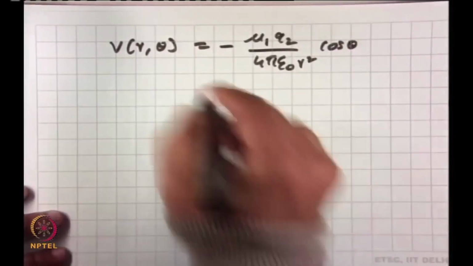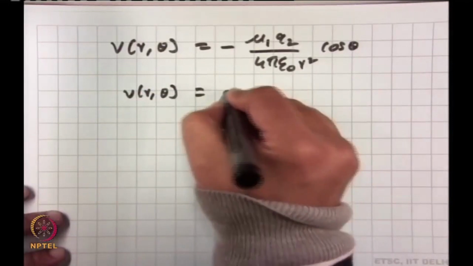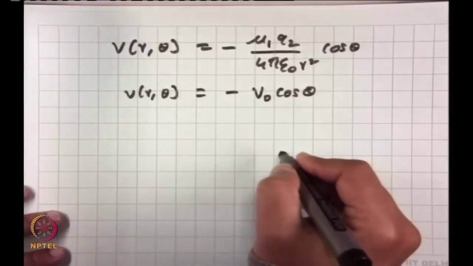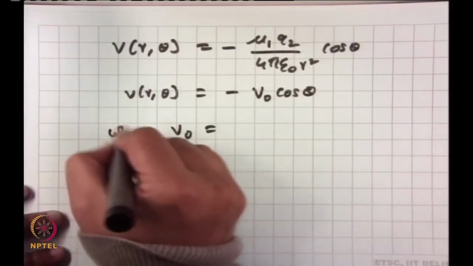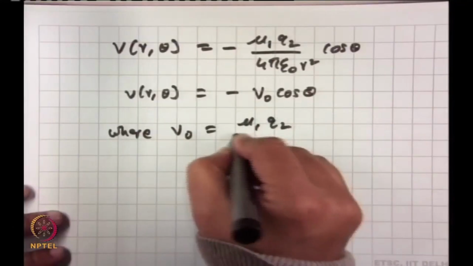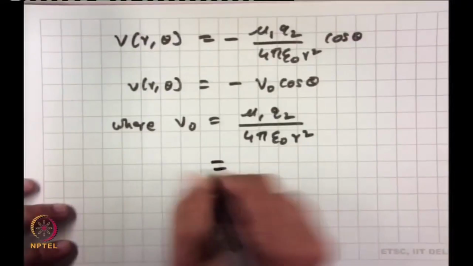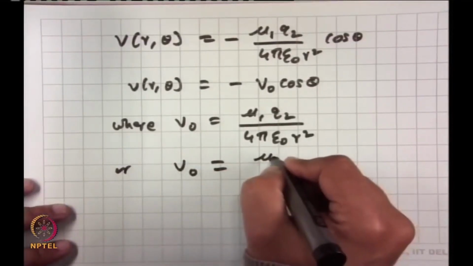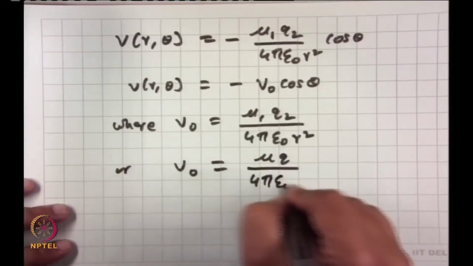I can simplify this further by writing V of r, theta is equal to minus V0 times cosine of theta, where V0 is equal to mu1 q2 by 4 pi epsilon 0 r squared, or for a general case, I will remove the subscripts and just write mu q by 4 pi epsilon 0 r squared.